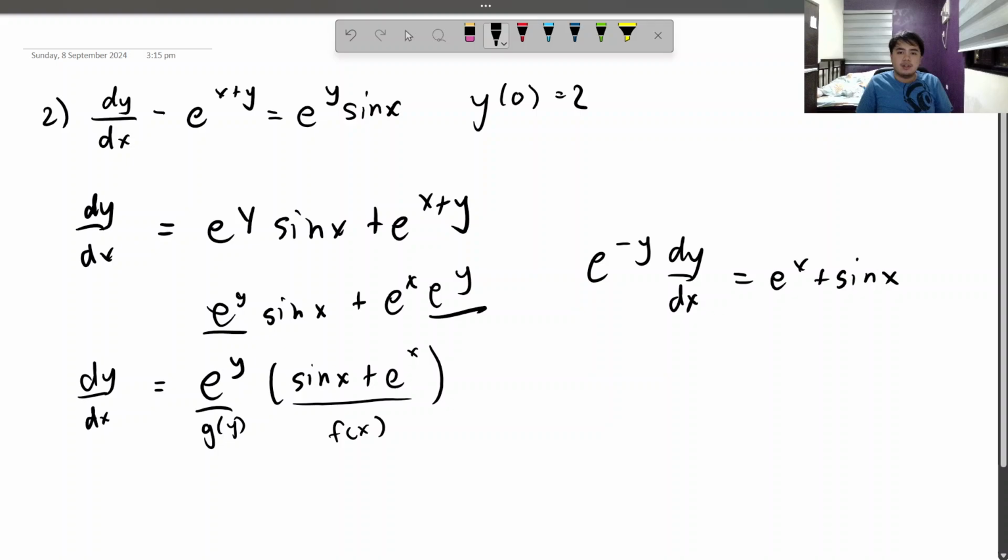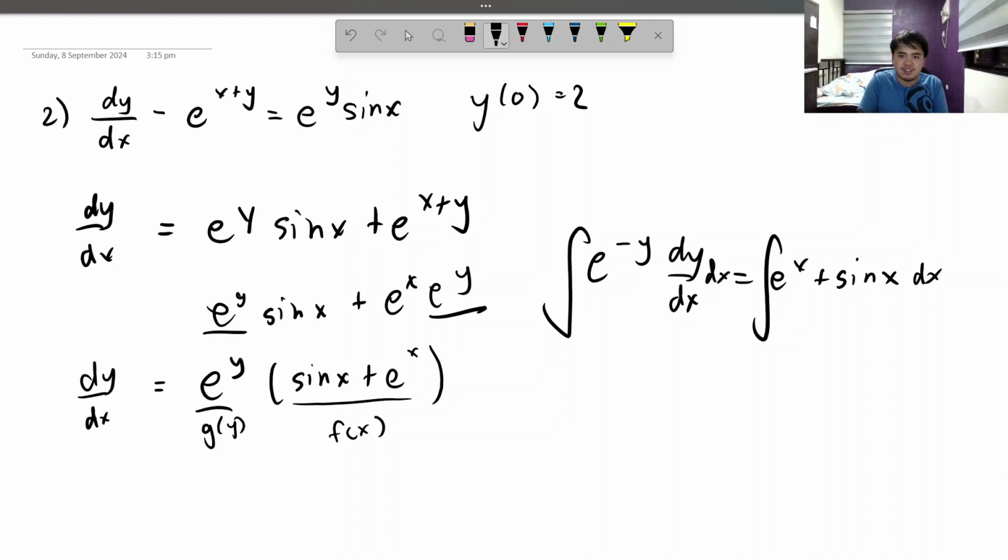So now what we can do here is to integrate both sides with respect to x. Now, if you don't want to go through the headache of doing whatever is needed here, you can just cancel it out. But just know that it's not really canceling the dx out. It's just asking permission.